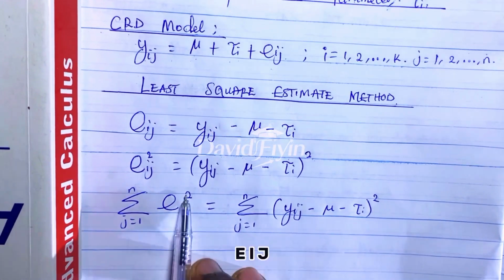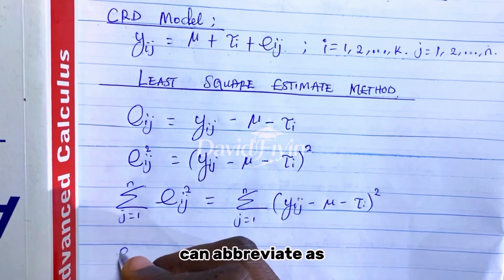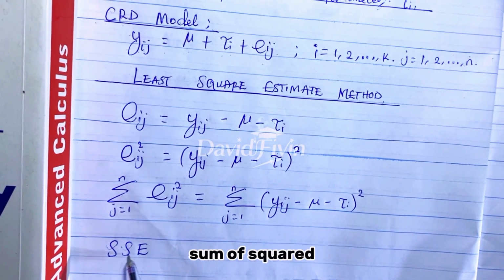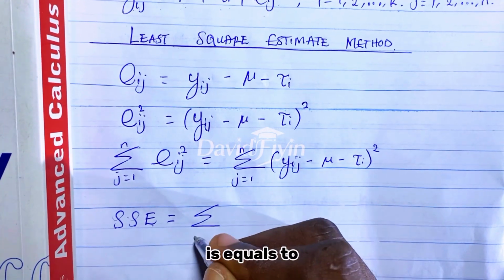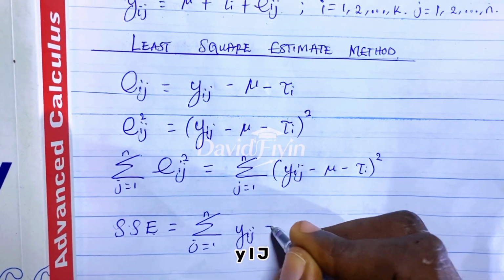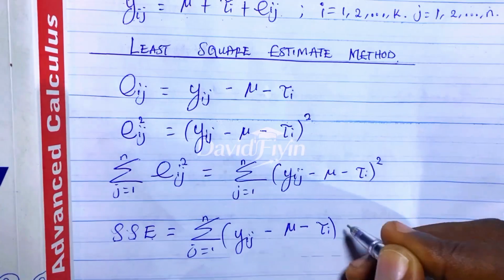Remember, the summation of Eij squared is the sum of squared error, which we abbreviate as SSE. So our sum of squared error equals the sum over j from 1 to n of Yij minus mu minus tau i, all squared.